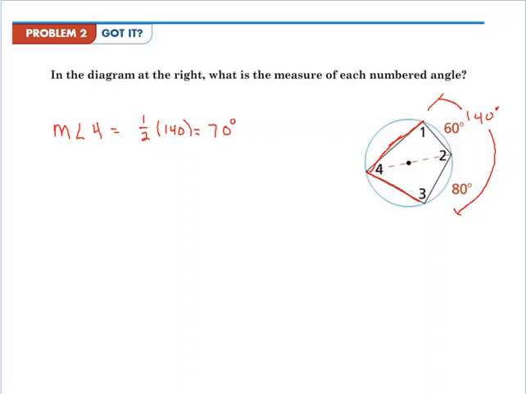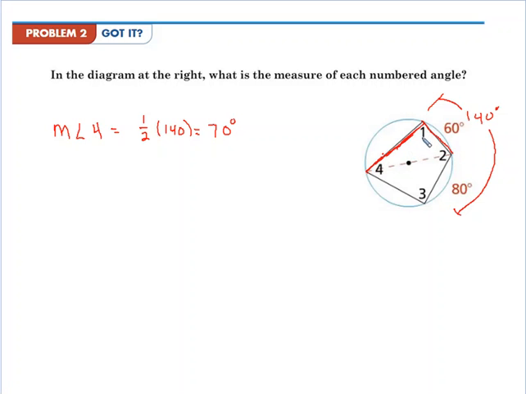Now, I just found 2 other ones that we can do very quickly, and that actually refer to the previous rule because there is a dotted diameter right here that connects angle 4 to angle 2. And if there's a diameter right there, I can just erase this now. This diameter across the circle is connecting the 2 sides of this angle right here.